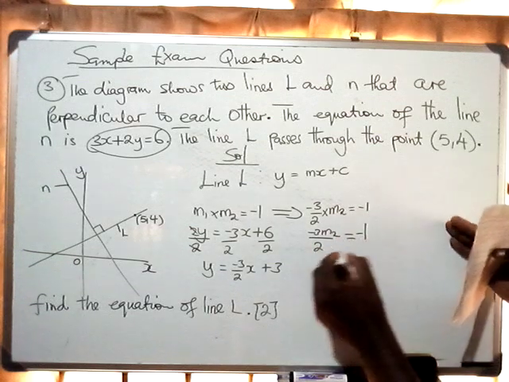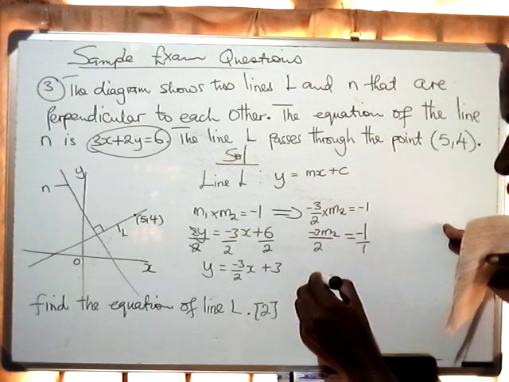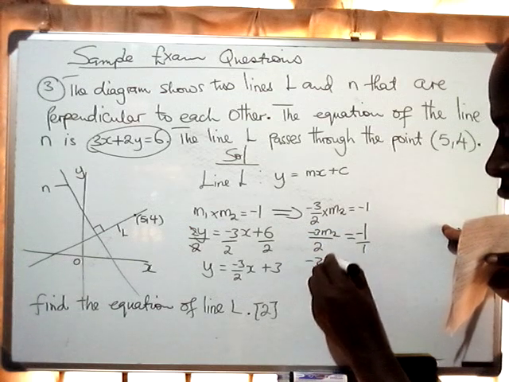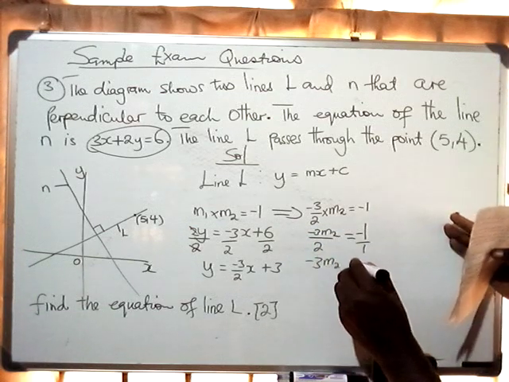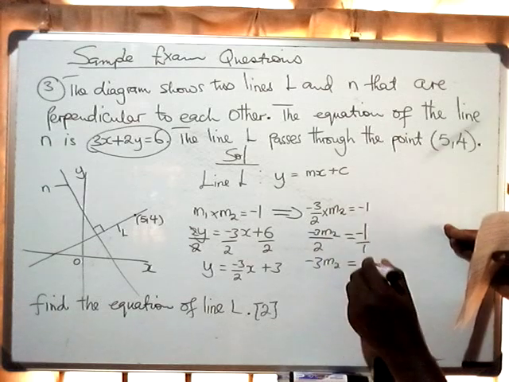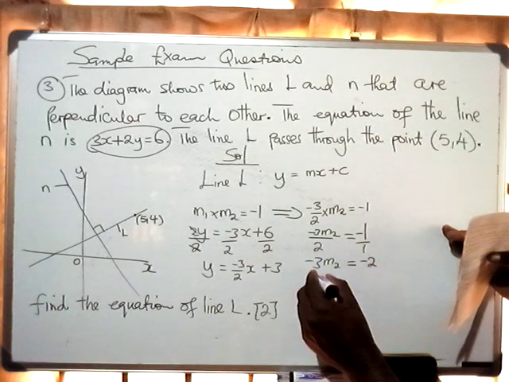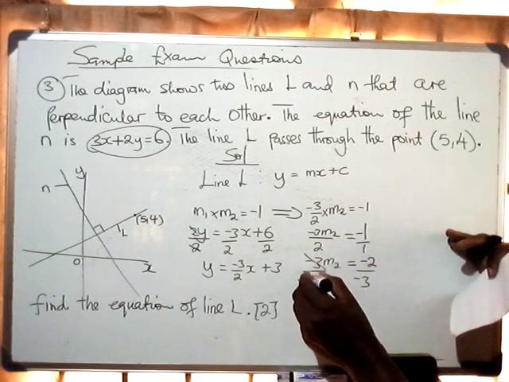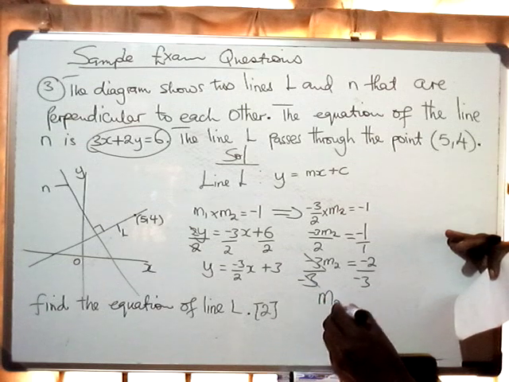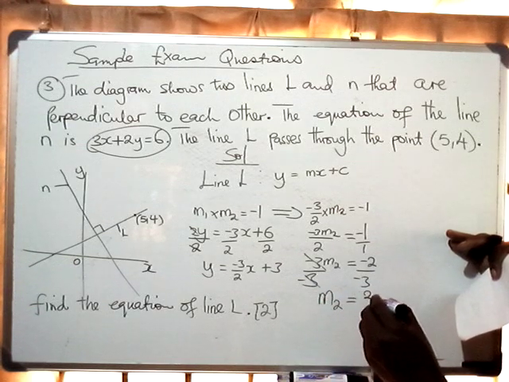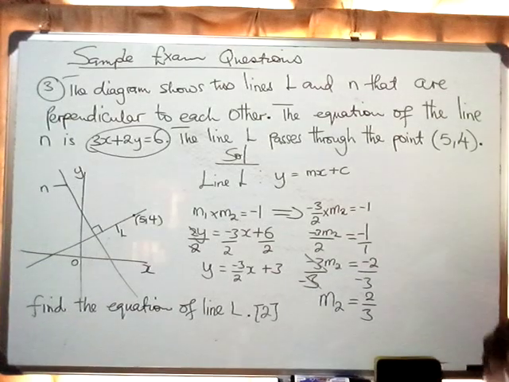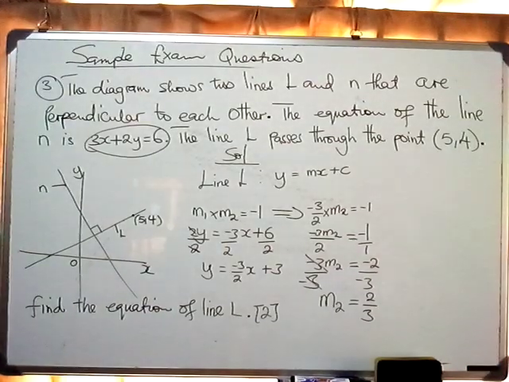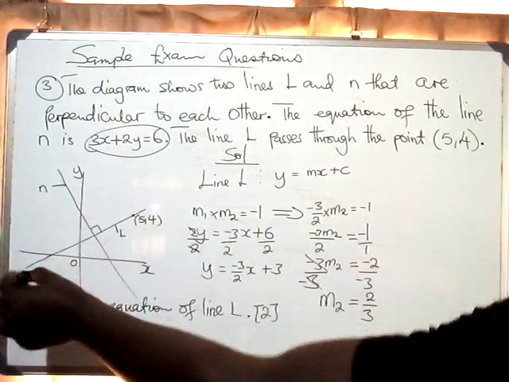Since this is a fraction, we cross multiply: -3m2 times 1 is equal to 2 times -1, which is -2. Dividing both sides by -3, our m2 is equal to 2/3. So this is the gradient for line 2, or line L.